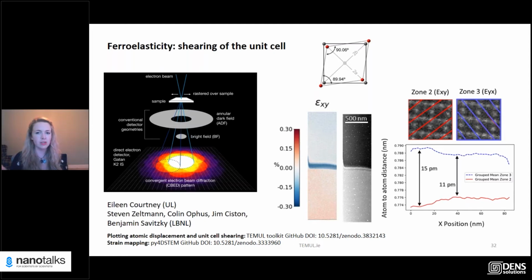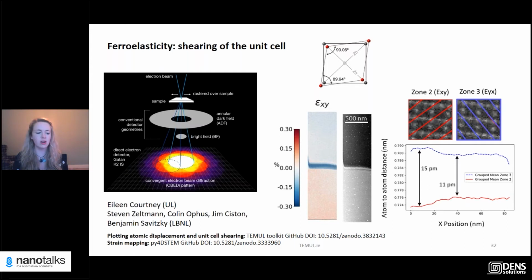So the py4DSTEM toolkit is a software program they've written so that you can take these 4D STEM data sets and actually get information out of them. So Eileen Courtney within our group started processing that in conjunction with the LBNL group.